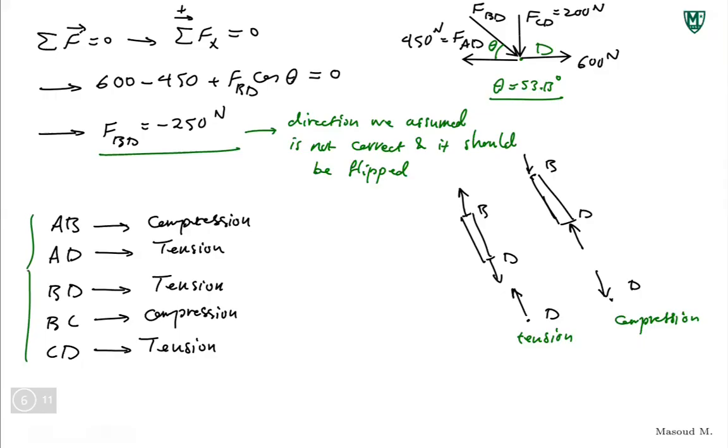We went through each joint one by one, and we were trying to figure out, so let me double check, AB, hopefully we got everything right. AB was under compression, BD under tension, AD under tension, BC under compression, and CD under tension.